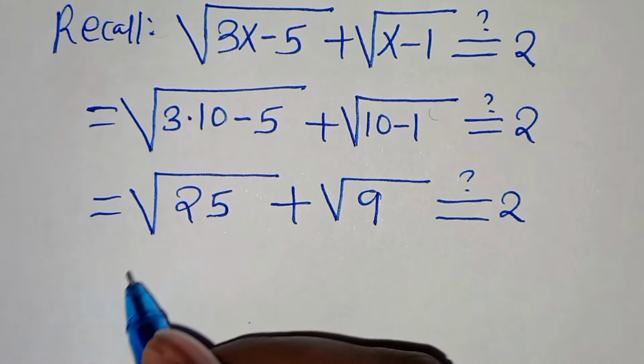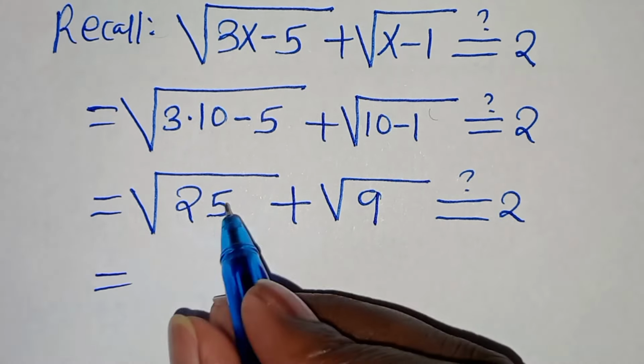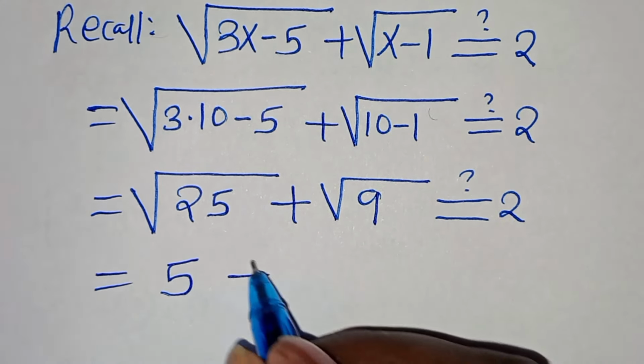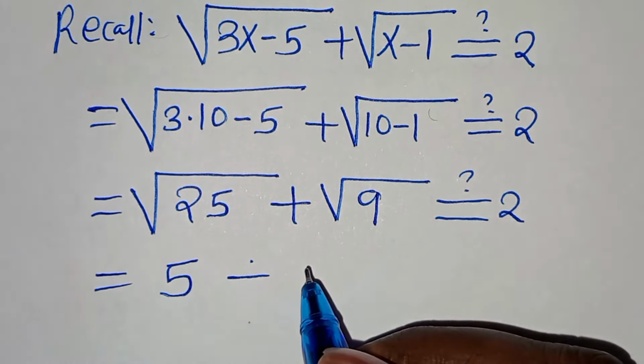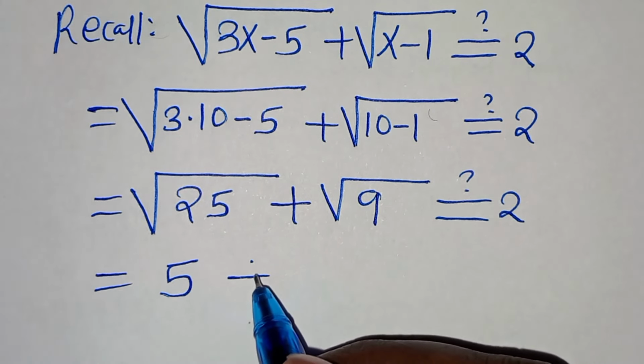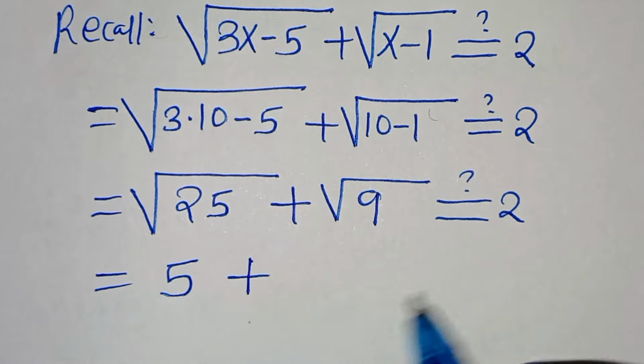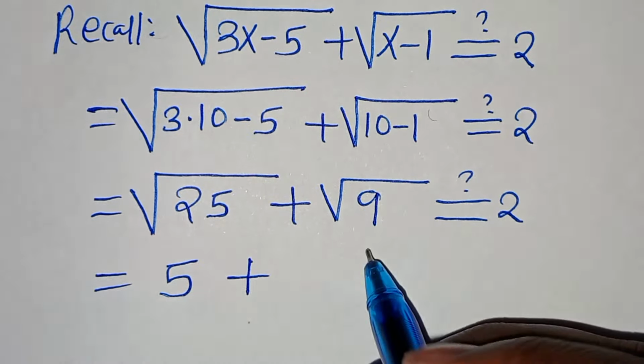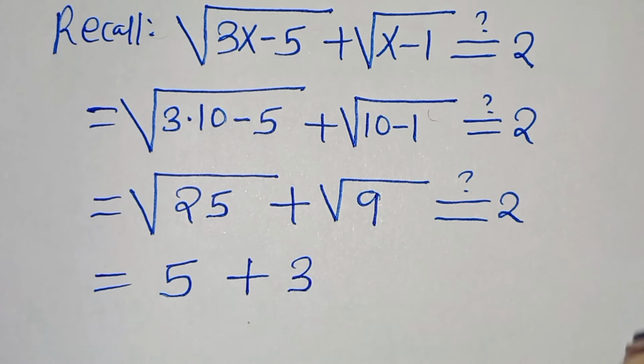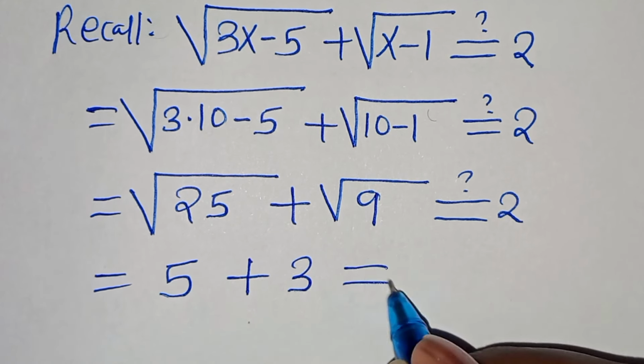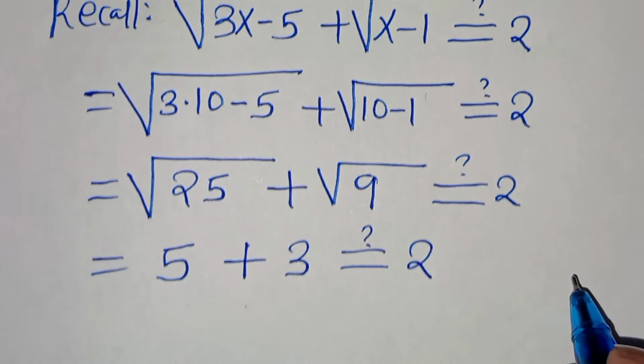So square root of 25, this is 5. Then we have plus the square root of 9, this is 3. And this should give us a value of 2.